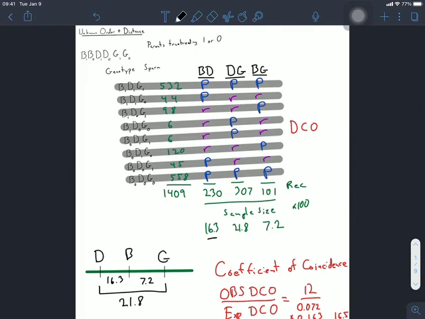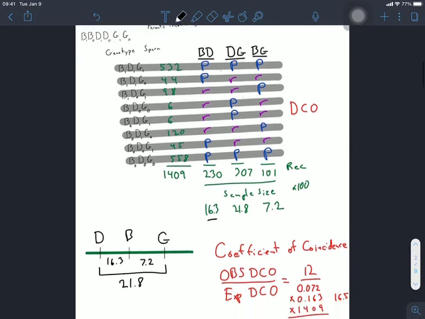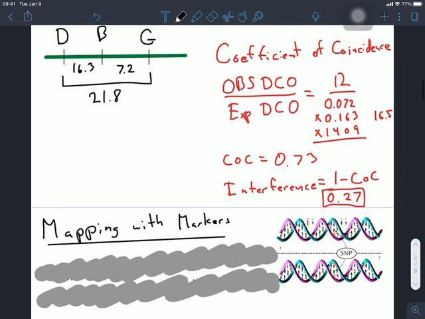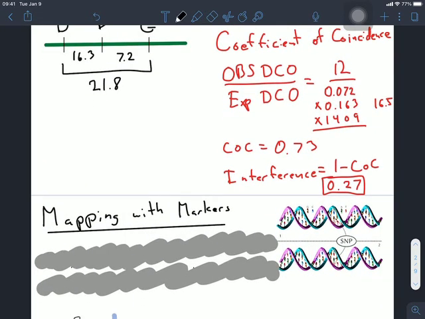Now I want to shift our discussion away from these 3-point test crosses in chi-squared back to our realm of biology. Because when we talk about mapping these loci, we need to understand the markers or the information we use in order to determine what identifies one allele from another.